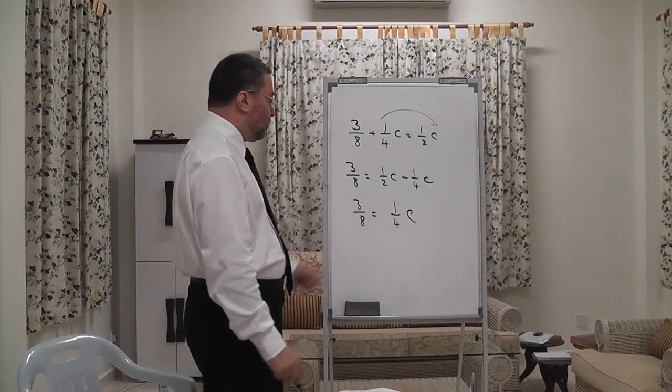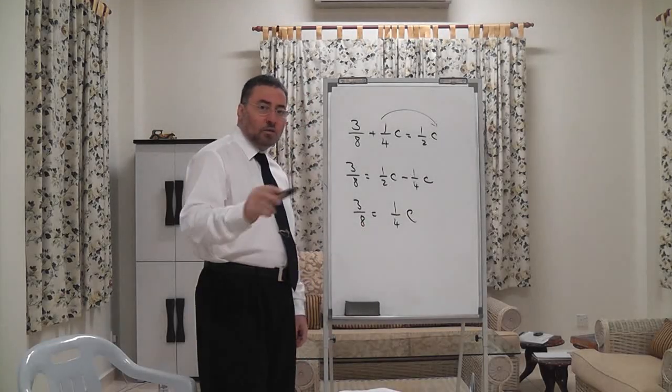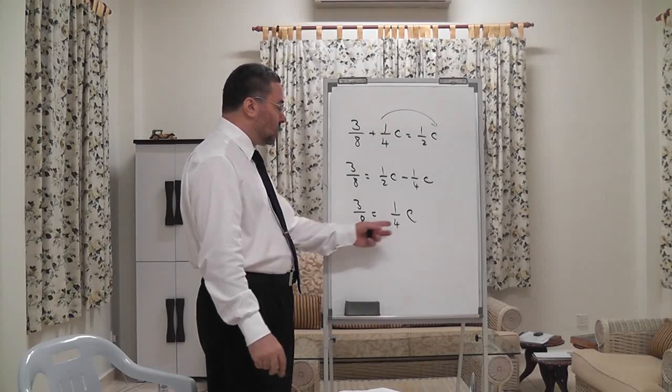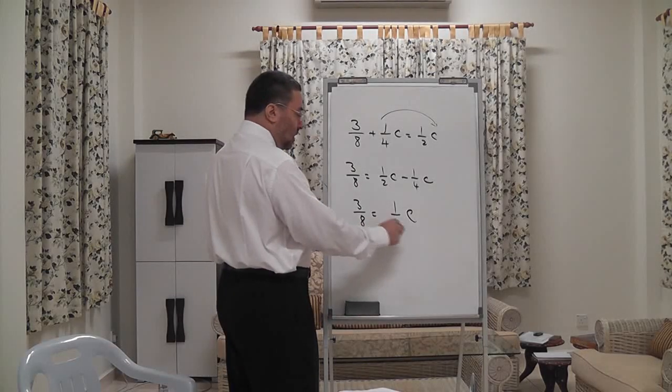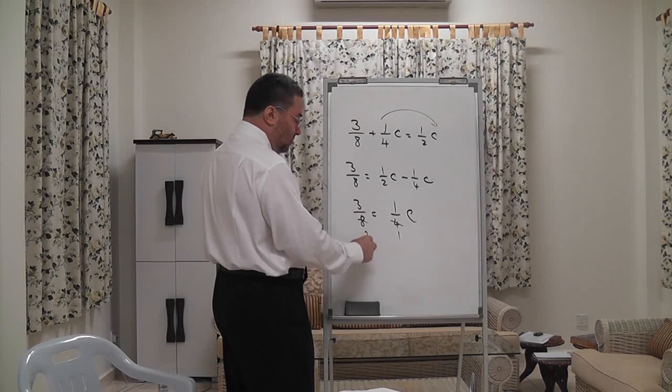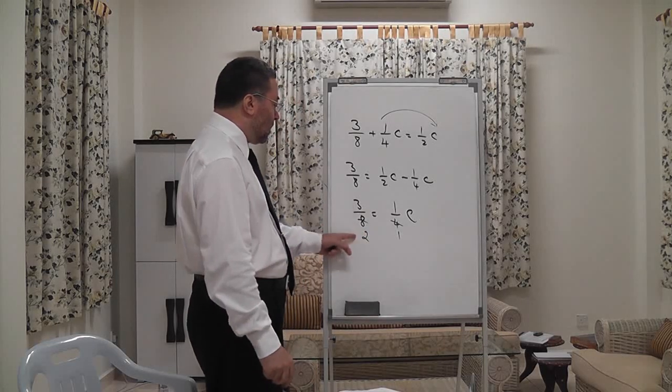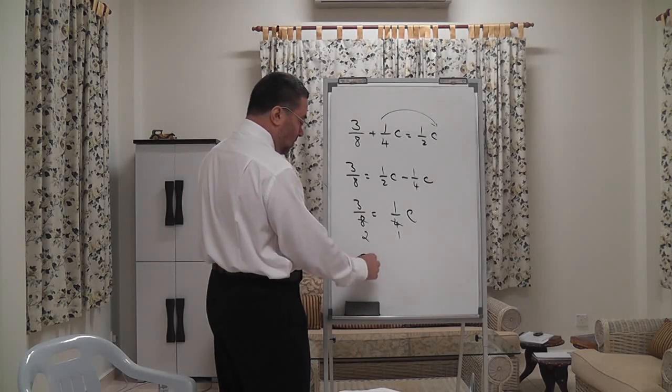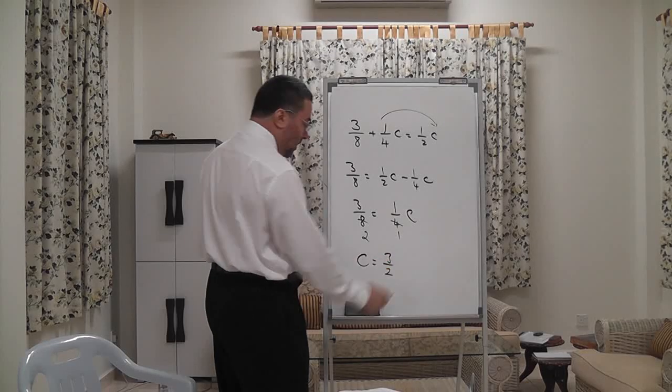Here, if you are good in arithmetic and you know the multiplication tables, it's easy to multiply both sides by 4. And so now you have c equals 3 over 2.